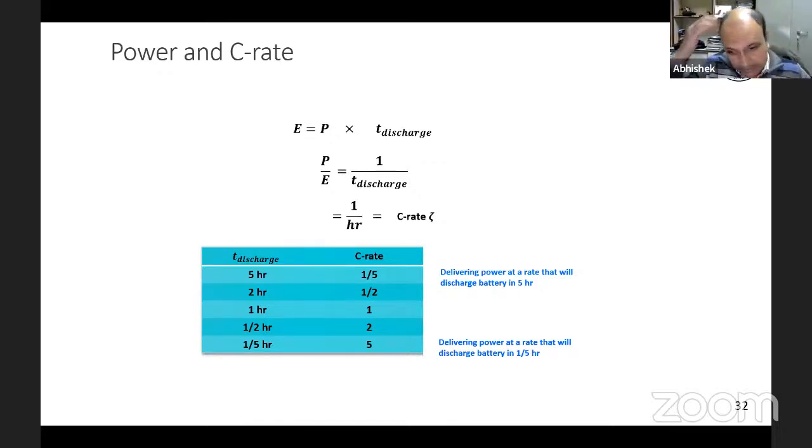Or the same battery, if I can completely empty it in say 1 by 40th of an hour, then it becomes 40C. That is the whole idea. So it is representative of how many cells are there in parallel, and as a consequence, how much max current you can draw without damaging the battery. So it is important to see the C rating of the batteries also.